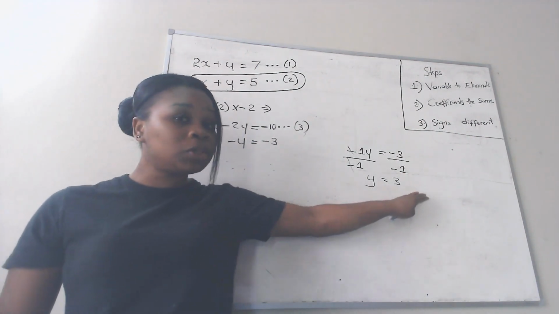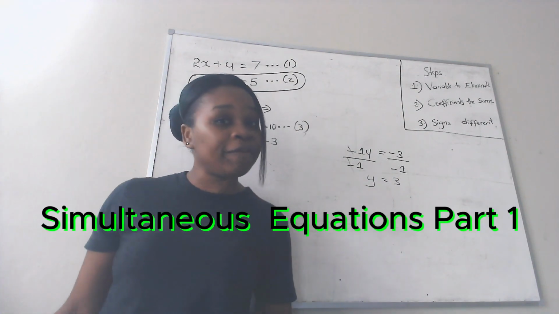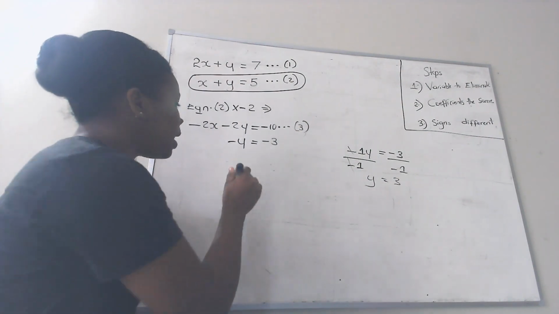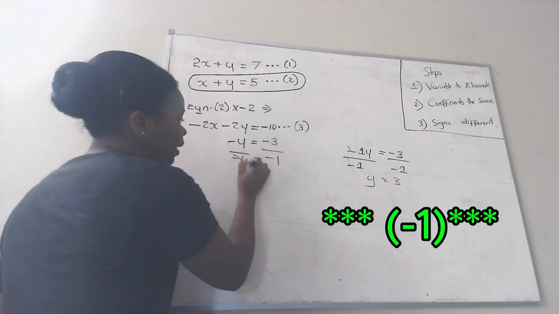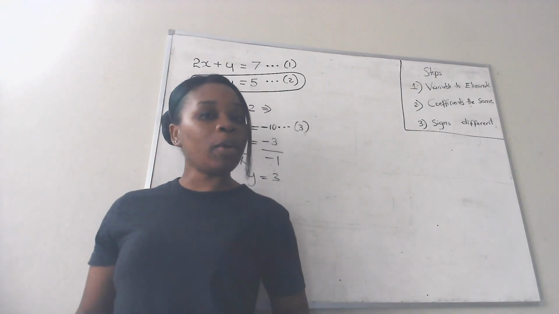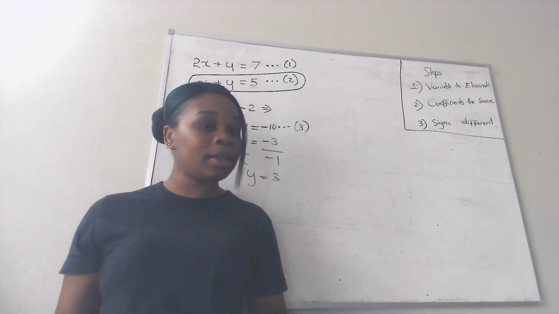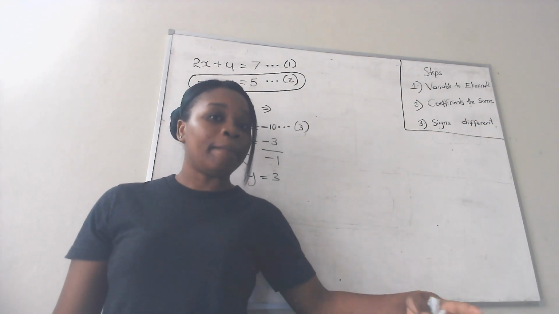If you don't know how to do this part, working with the signs, go back to my previous video where I got into detail. Yes, it means I just need to divide both sides by minus 1. And by doing so, I have y is equal to 3. So now I know the value of y, I can go ahead and substitute, meaning I will plug in this value for y into one of my equations.